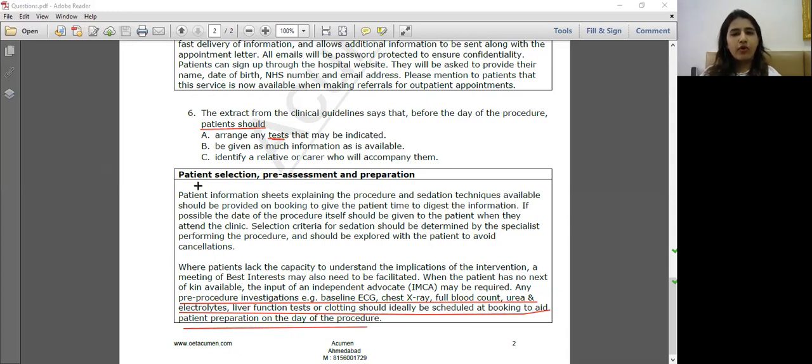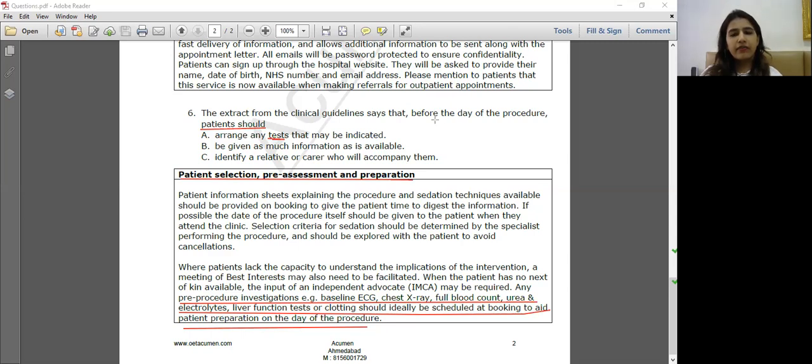And this is written for whom? This is for all the staff, because it is saying patient selection, pre-assessment and preparation. So who is going to do patient selection? The staff. Who is going to do the pre-assessment? The staff. But the question is asking what they have to do before the day of the procedure.